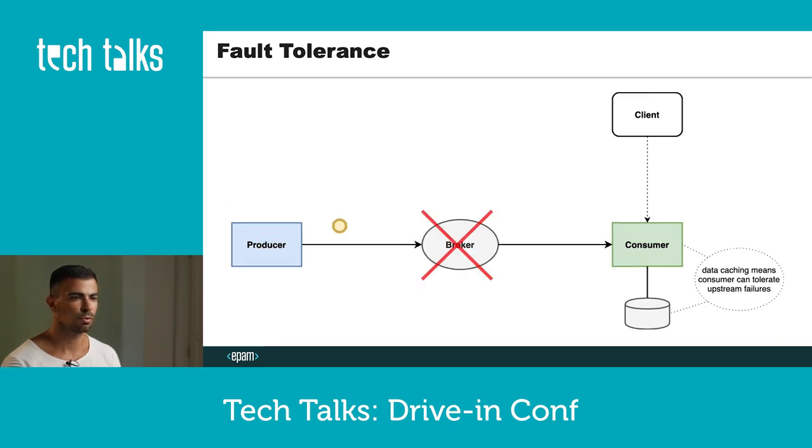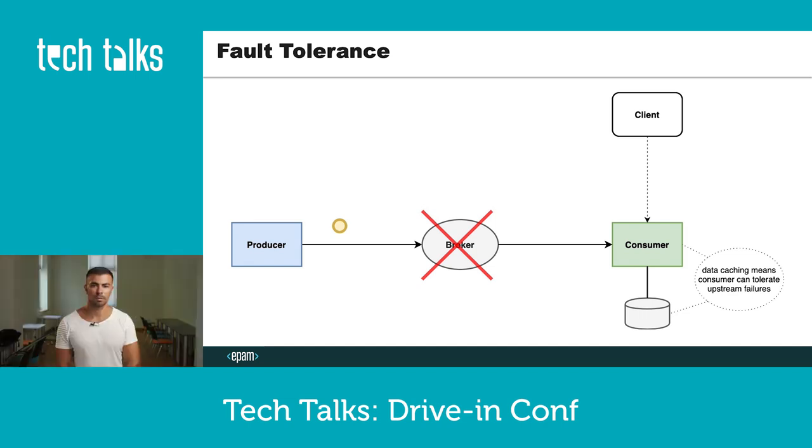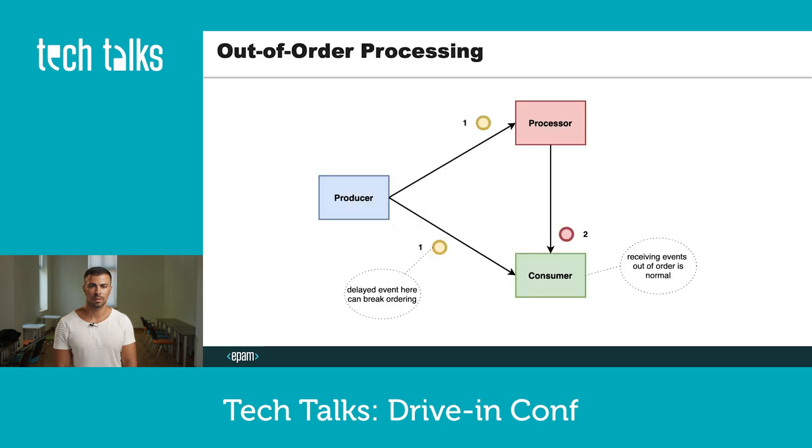And the producer might not even need a broker, which we'll see later, because with the broker unavailable, the producer and consumer can still operate and catch up with data not sent at a later point.